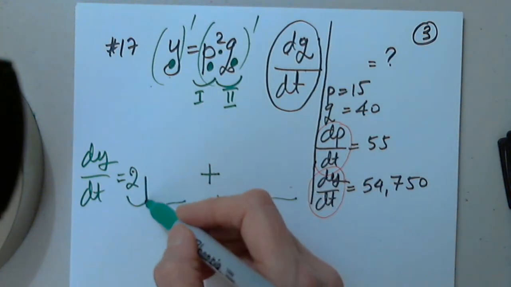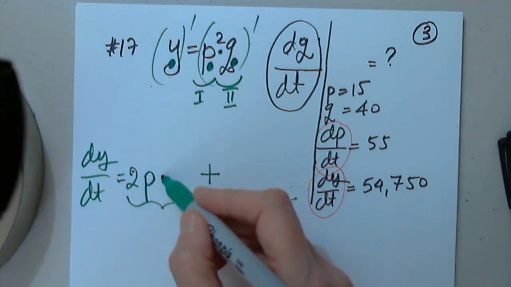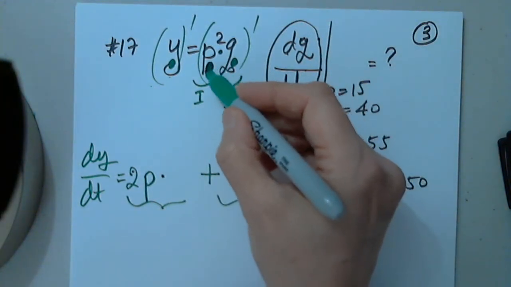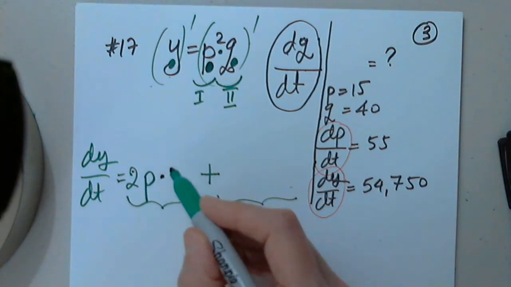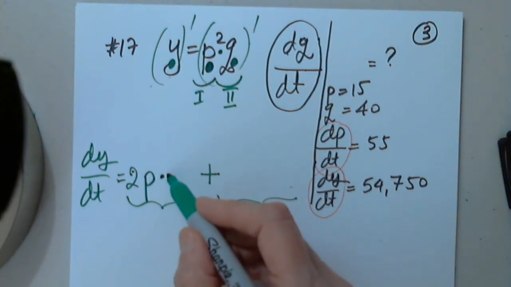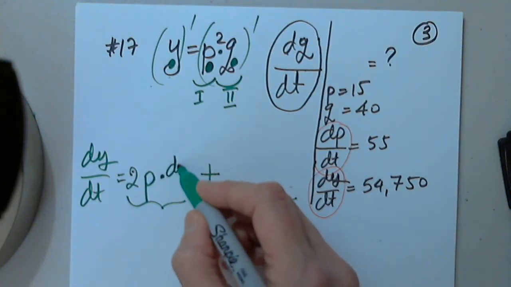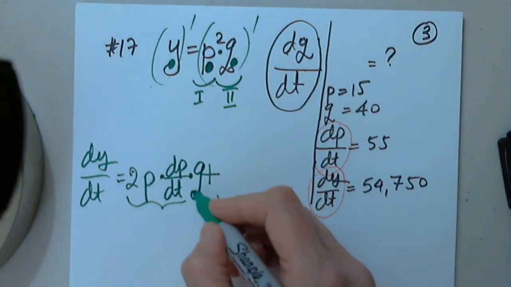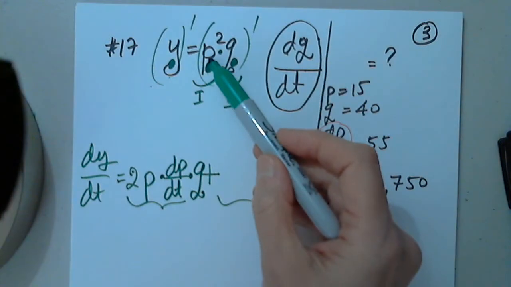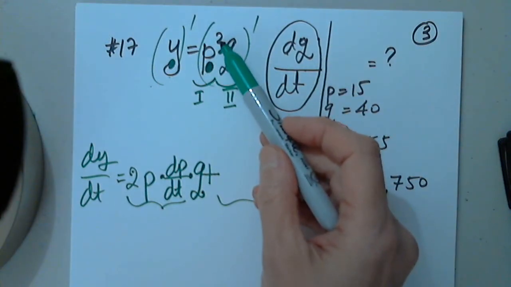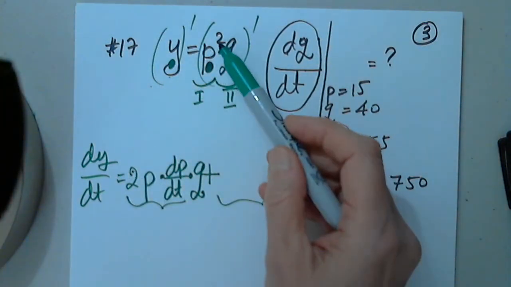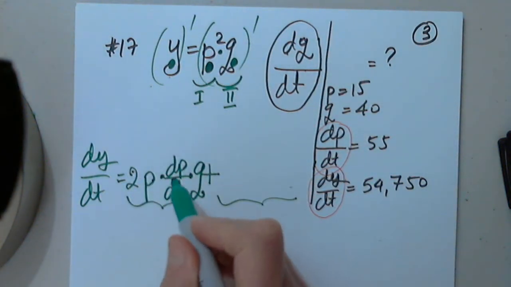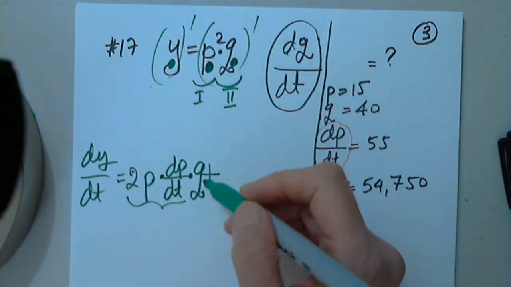And then it would be pq. That'd be dp over dt, times q, awesome. So when we differentiate a function to a power, we bring down the power, we subtract 1 from the power, times the inner function prime, times the second one, perfect.